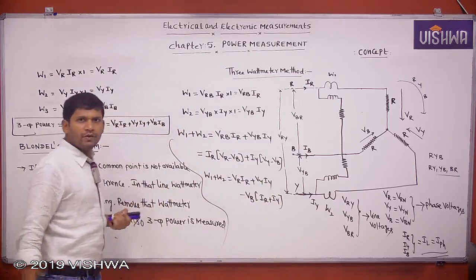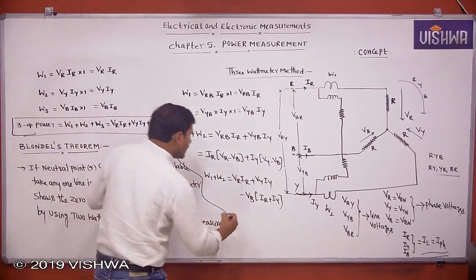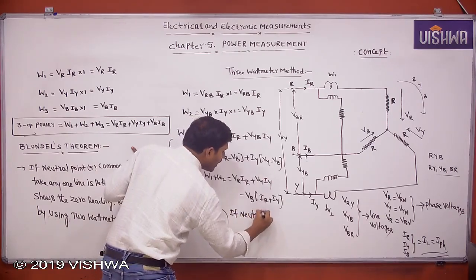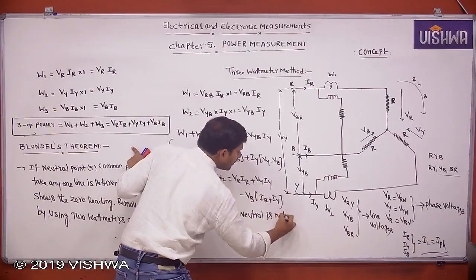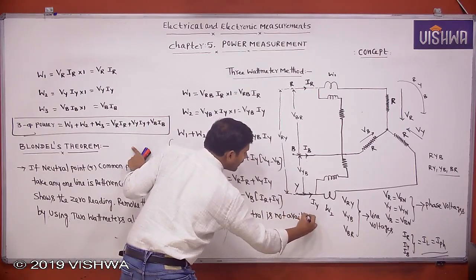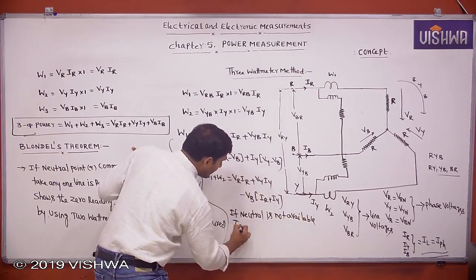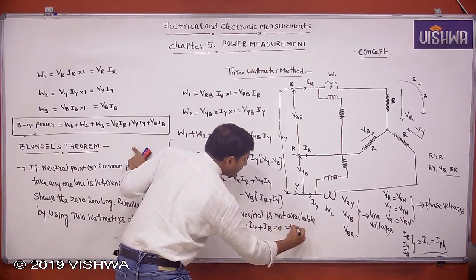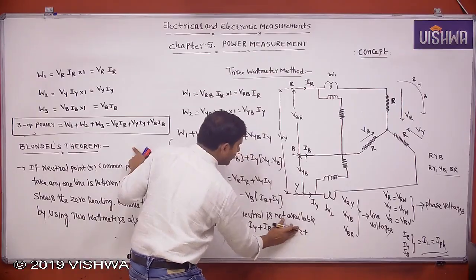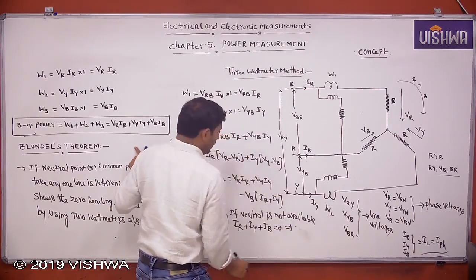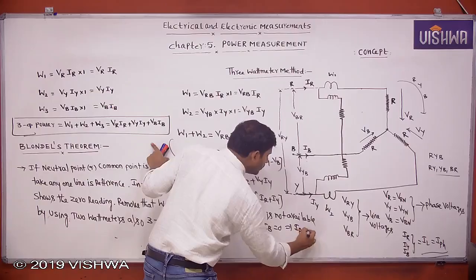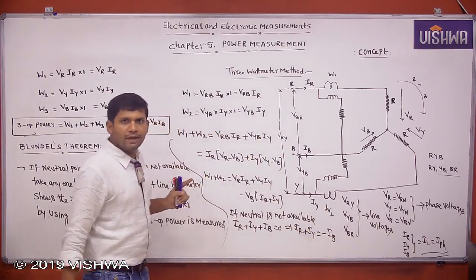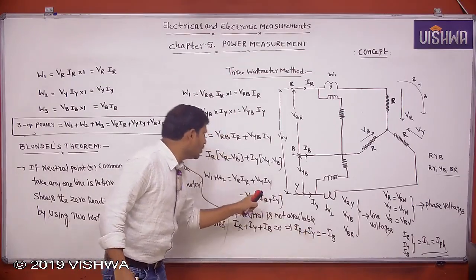We know that if the neutral point or common point is not available, then what is the condition? IR plus IY plus IB equals 0. Then IR plus IY equals minus IB. Substitute IR plus IY equals minus IB here.